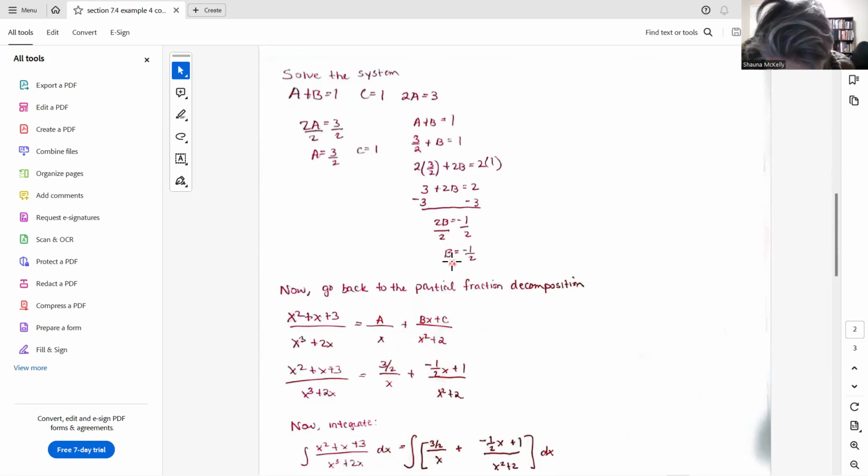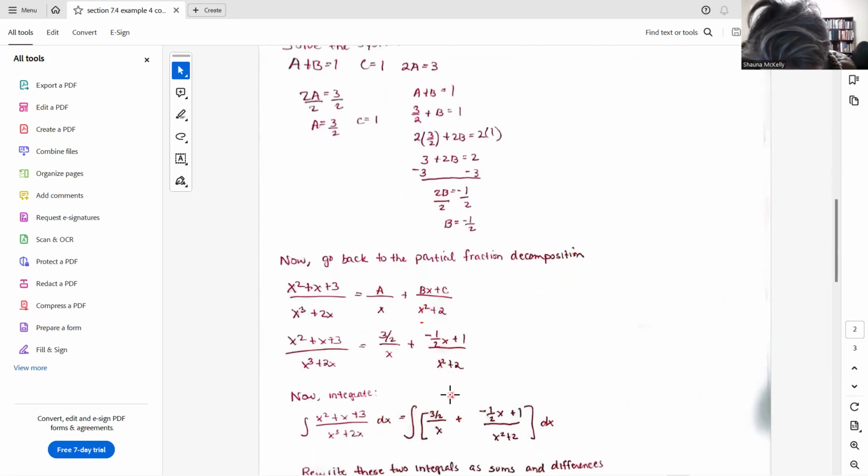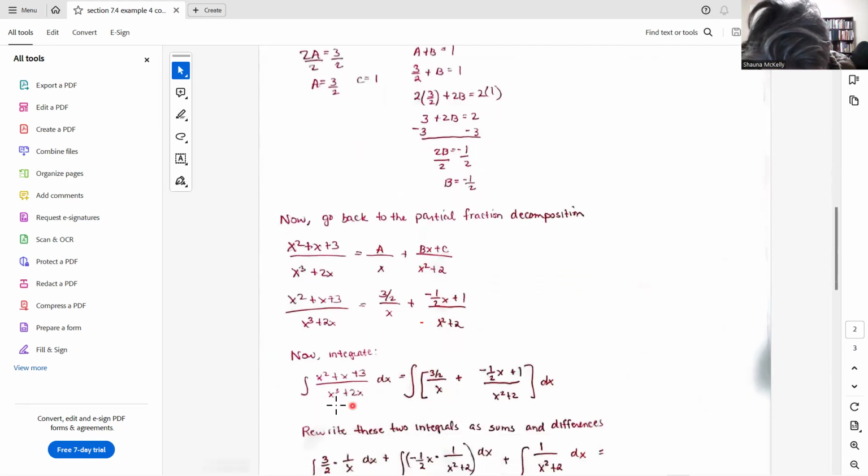B is -1/2 x plus c, plus 1, all over x squared plus 2. Now, then we're going to integrate this. So the integral of this fraction, dx, is equal to the integral of these two fractions that we created, dx. Okay?